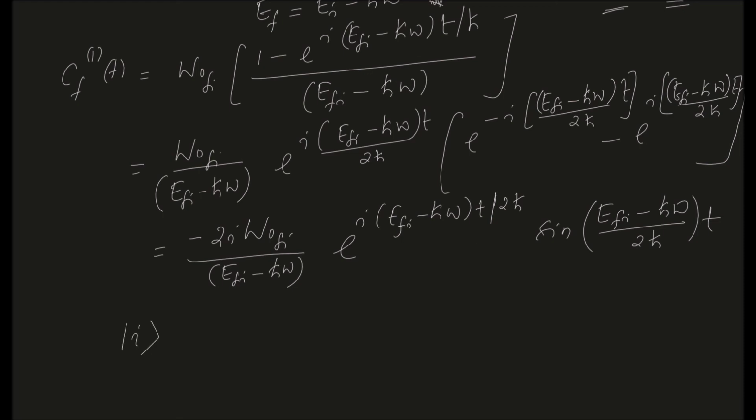So if you assume that your system is initially in the state i at time t equal to 0, then the probability for this system to find it in a state f at a later time t is given by the modulus square of C_f(1) of t, right?